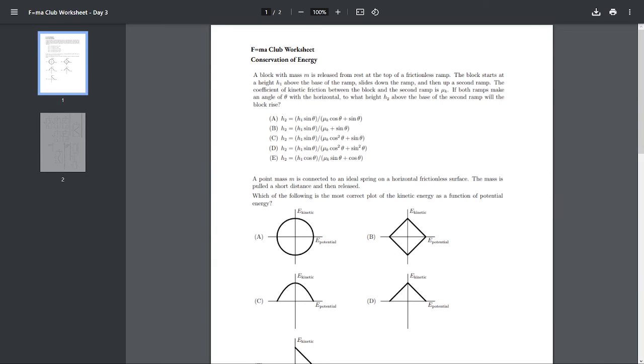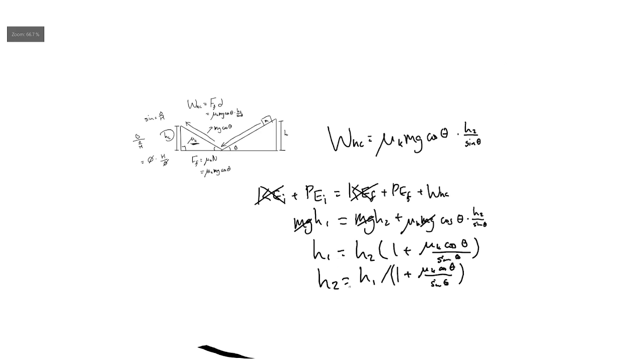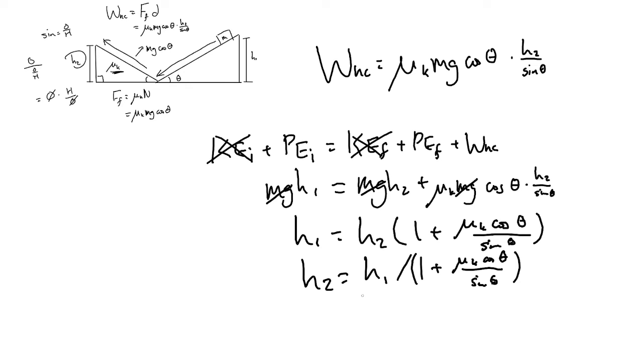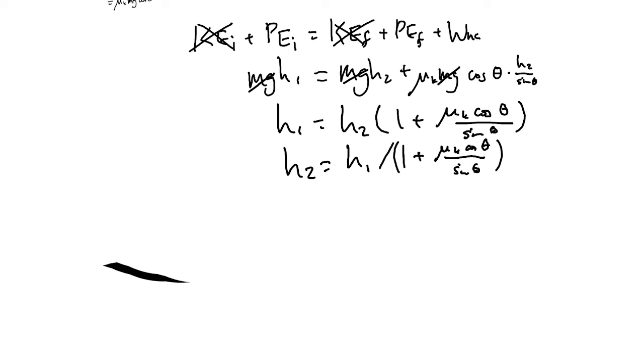The problem is, none of our answer choices follow that. But we can see that all of our answer choices have a sine theta in front of them, where we have h1 sine theta. Going by that logic, we can multiply this side by what is essentially 1, sine theta over sine theta.